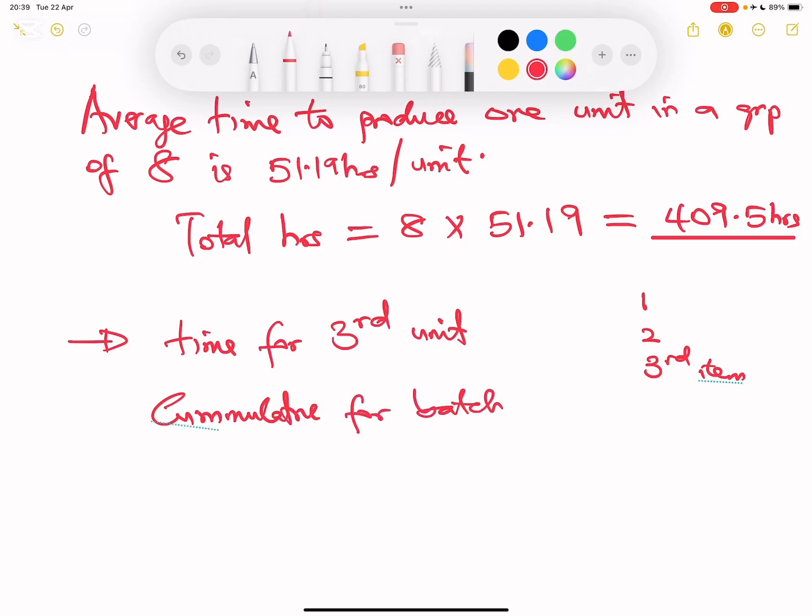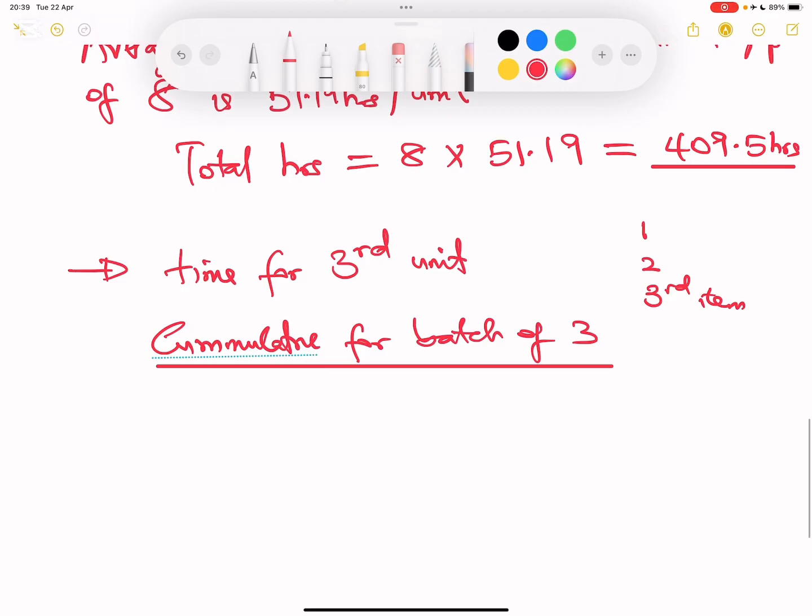So the only way to get this is to get the average time per unit in a batch of 3, multiply by 3, and get the average time for a batch of 2, multiply by 2 to get the total cost of 2. Then the difference will definitely be the time spent on the third item. This is what I'm saying.